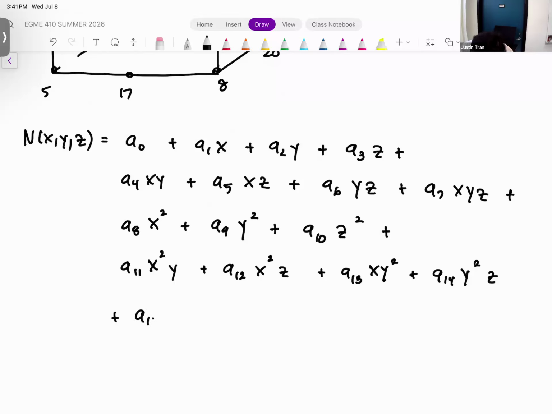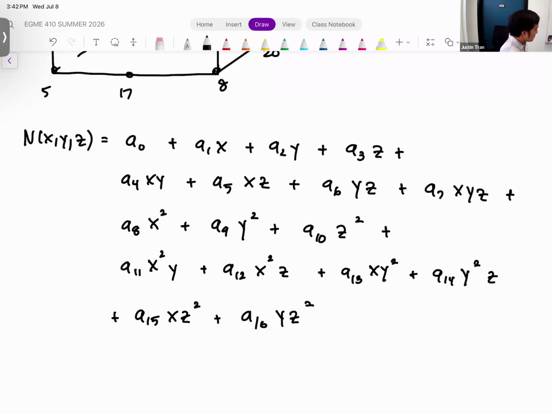Plus A15 x z squared plus A16 y z squared. All right, 17 terms, and we're not even done just yet.